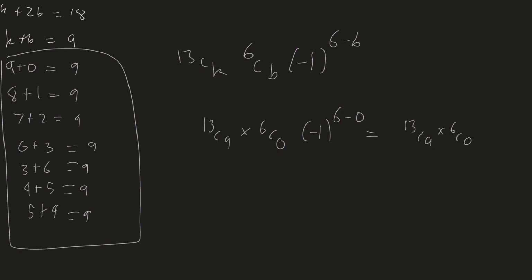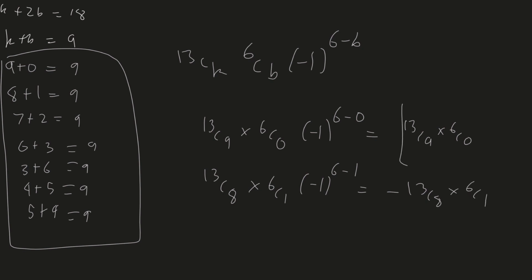And then for the second part, 8 plus 1, we're going to do 13 choose 8 times 6 choose 1 times minus 1 to the 6 minus 1, which is minus 1 to the 5, which is still minus 1, so it's going to be minus 13 choose 8 times 6 choose 1. And you can see where I'm going here.